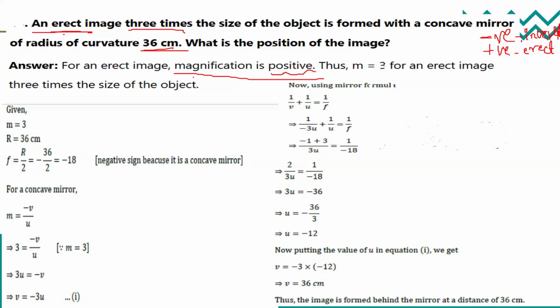Magnification they have given, 3. Radius of curvature they have given, 36 centimeter. By using this R, we can find out F. So F is equal to R divided by 2, that is 36 divided by 2 is 18.